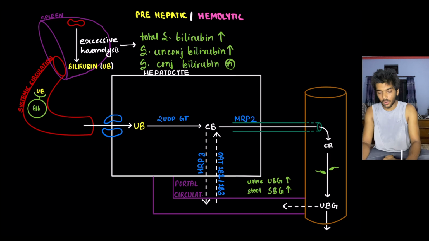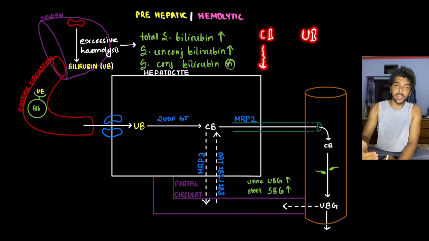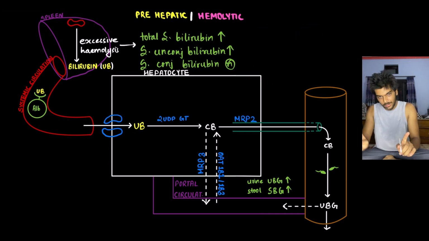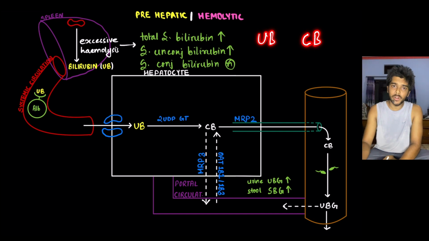See, I've already taught you that bilirubin is of two types: conjugated bilirubin and unconjugated bilirubin. Conjugated bilirubin, which is formed from unconjugated bilirubin within the liver, is water soluble. Unconjugated bilirubin is produced from the breakdown of hemoglobin, and conjugated bilirubin is produced from unconjugated bilirubin by the process of conjugation in the liver.